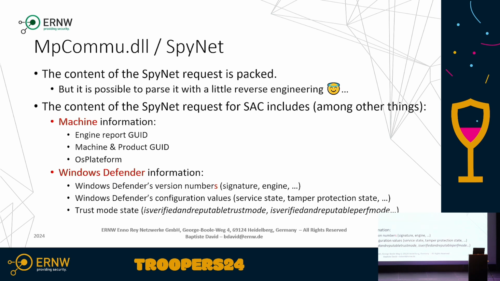Everything is provided. Windows Defender configuration value, how the services start, tamper protection state. All the configuration and policy for Windows Defender is sent automatically and every time. Trust mode state, if there are different sub-modes in Windows Defender, which is included or not. So literally, every time you disclose something for malware analysis, Microsoft knows exactly how your Windows Defender is configured.